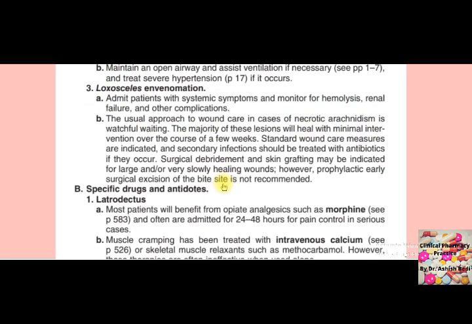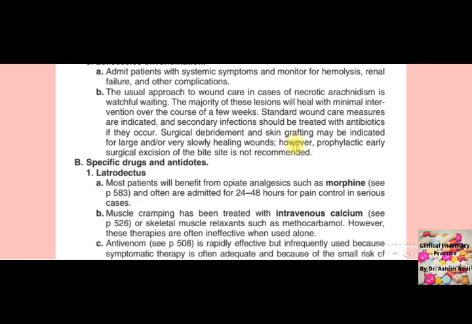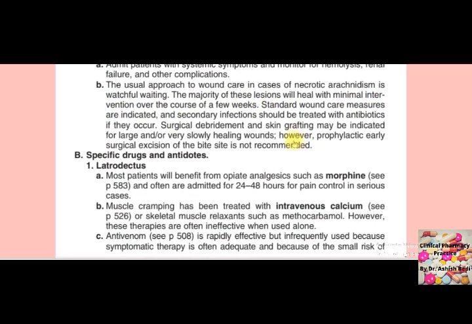So watch the patient and treat according to that particular species. The majority of these lesions will heal with minimal intervention over a few weeks. It takes time, but it heals slowly.